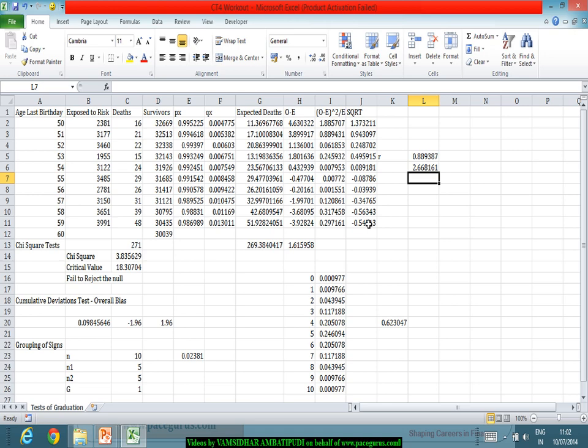So the graduated rates which have come through our experience are not reflected properly through the standard table that has been used. So these are the various tests of graduation that we can use to make a conclusion about whether the actual observed experiences are in line with the experiences coming out of the graduated table or not. All right.